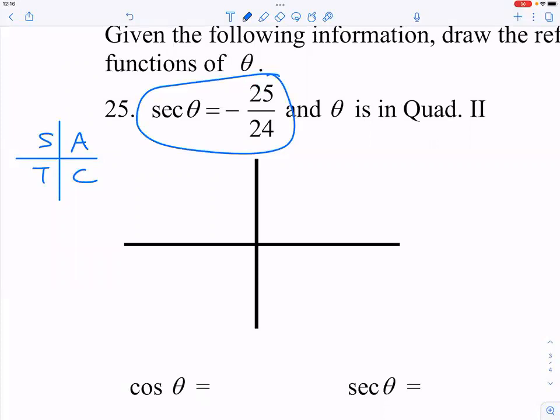Quadrant 1, all trig functions are positive. Quadrant 2, sine function is positive. Quadrant 3, tangent. Quadrant 4, cosine. Since it is in quadrant 2 and secant theta is 1 over cosine, it makes sense to be negative. And when we say a negative 25 over 24, what is the meaning of this 25 over 24?